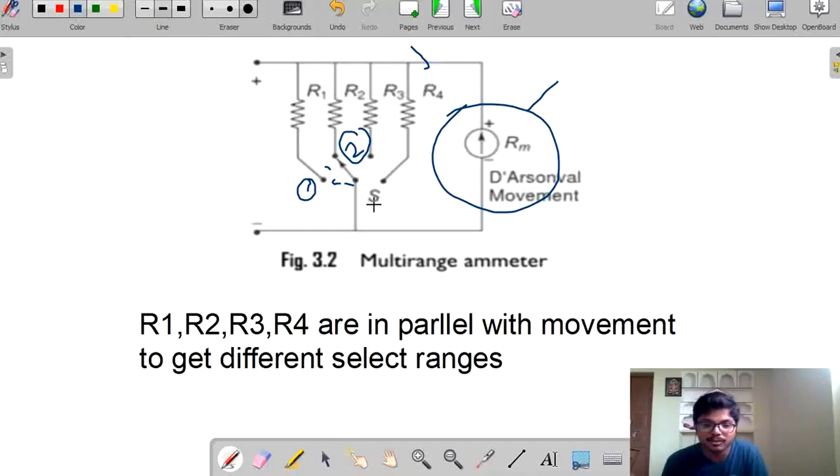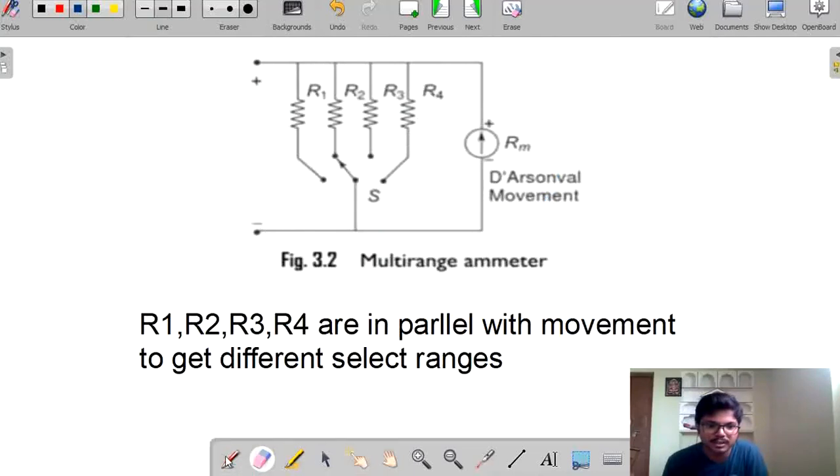So what we need to do instead is, before leaving this second terminal, connect our switch to the first terminal and then open terminal 2. So you will always have a resistance in parallel with our galvanometer circuit.